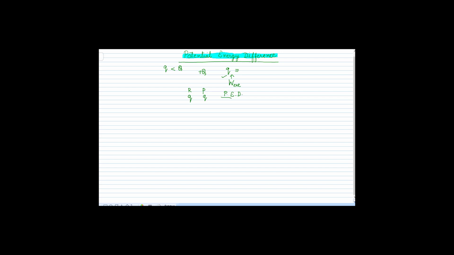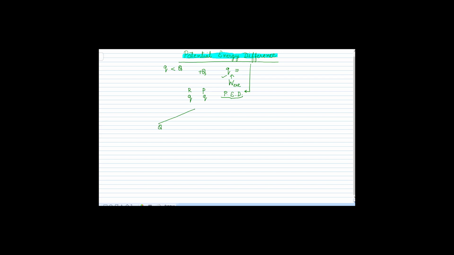This is in short, I have written potential energy difference. So this is the potential energy difference between any 2 points. So let us say that we will consider the same case as we have done just now. Let us redraw what we have done.